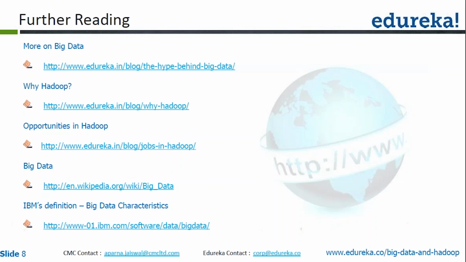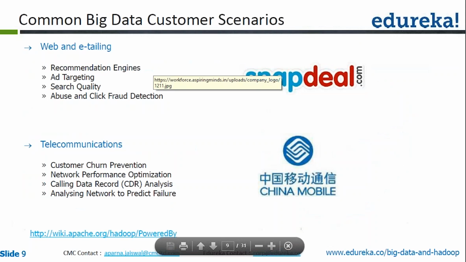Now let me give you another scenario of how big data is being used in various industries. For example, recommendation engines, ad targeting, search quality, everywhere. Assume you're visiting another country for a web conference.